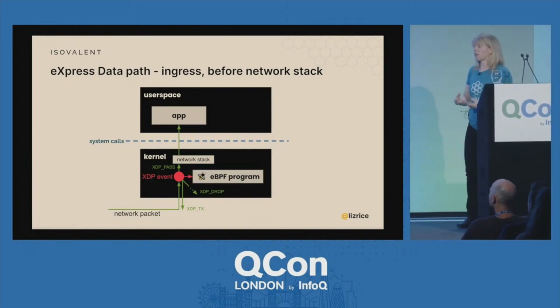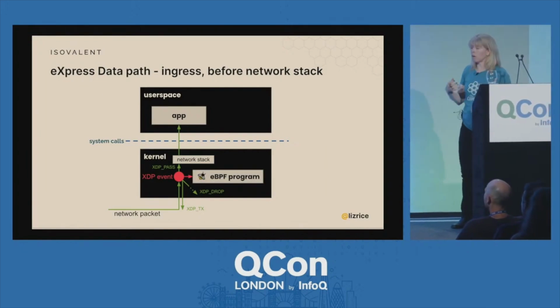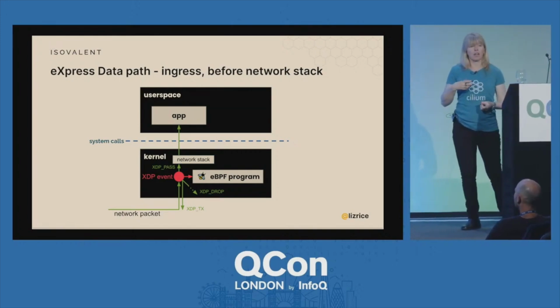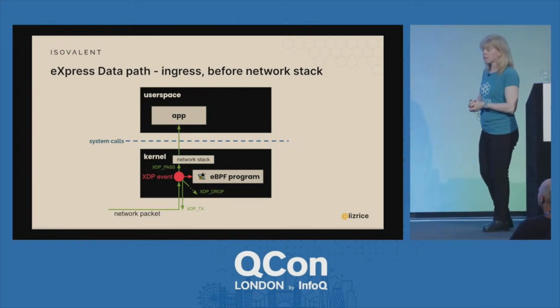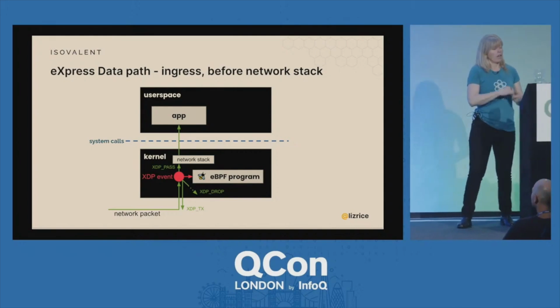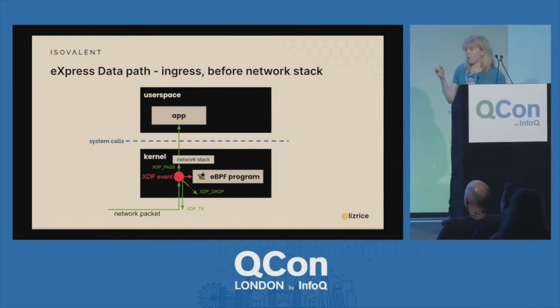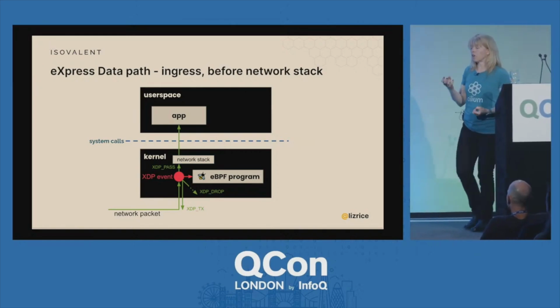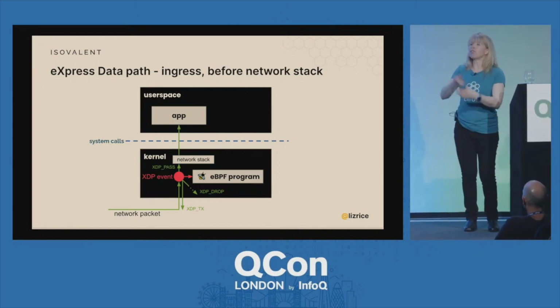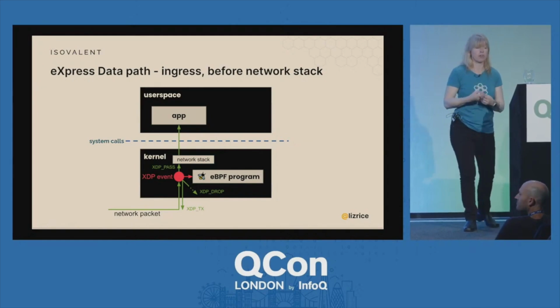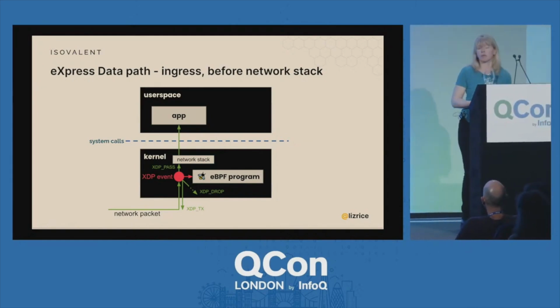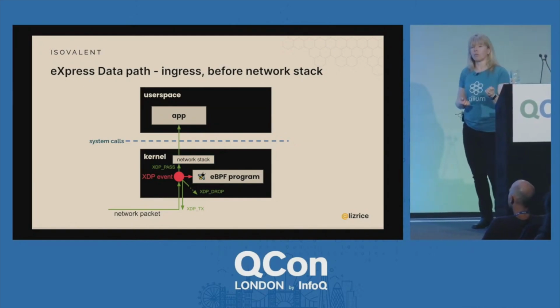So when we have things like that XDP program that I just showed you that dropped the ping packets, that particular example happens as a network packet arrives on the machine, and it happens before the kernel has even started to process that packet, literally getting the packet as it arrives on the wire.